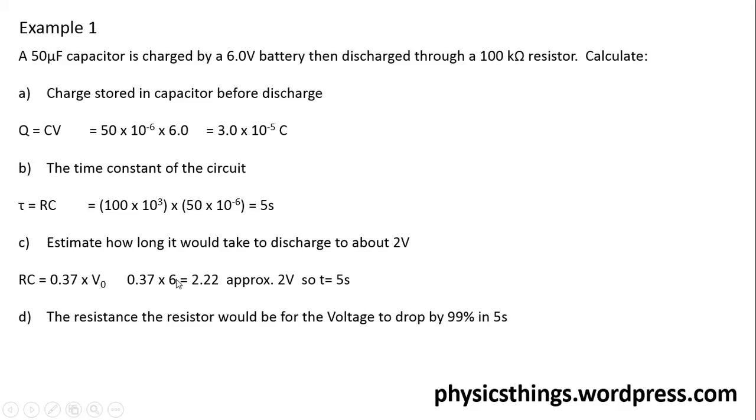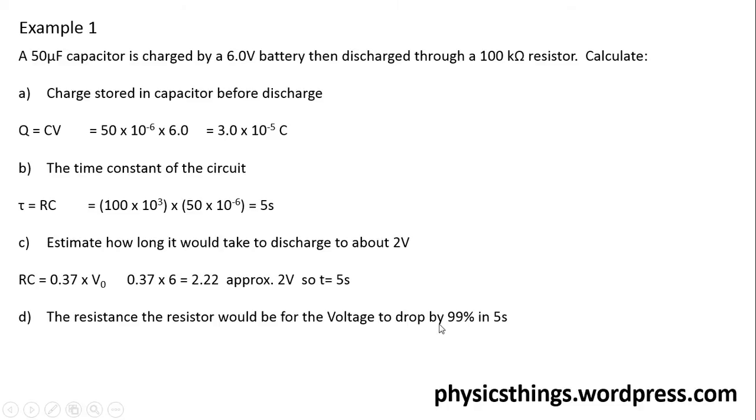Now the initial voltage here was 6 volts, and 0.37 times 6 is 2.22, which is approximately 2 volts. So for an estimate question like this, first thing to check is whether the voltage or the current or the charge they want you to get to is about 0.37 times the initial. If it is, then it's going to take the time constant RC to get there.